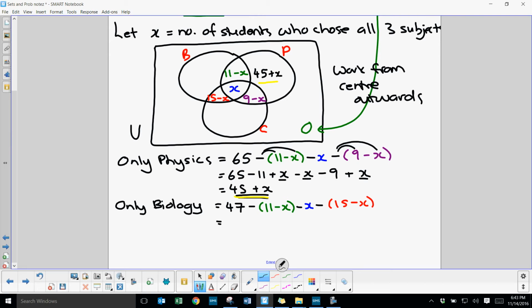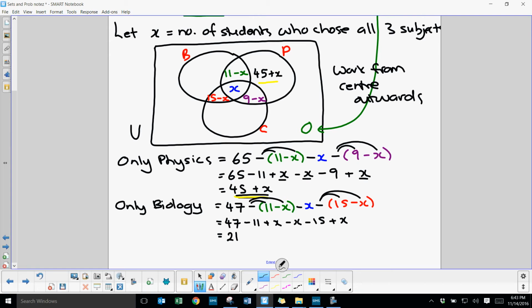Now let's simplify that expression, or actually let's just deal with the expanding first. 47 minus 11, but then it's plus x. And then there's a blue minus x still. Minus 15 when we expand, and minus x plus x. And that simplifies to, let's see, 47 minus 11 minus 15 is basically like saying 47 minus 36, which gives you 21.